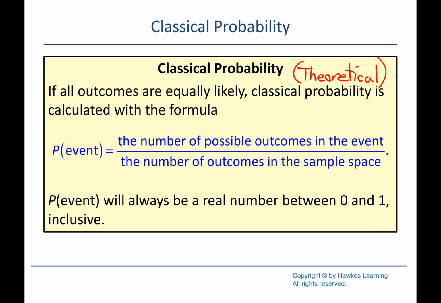So a probability of 0 would be a 0% chance that something happens, and a probability of 1 would be a 100% chance that something happens. So usually we're not talking about anything that has less than a 0% chance of happening. 0 is already impossible. And 100% is absolute certainty, so normally we're not trying to think of something being more than absolute certainty. So probabilities are generally between 0 and 1.